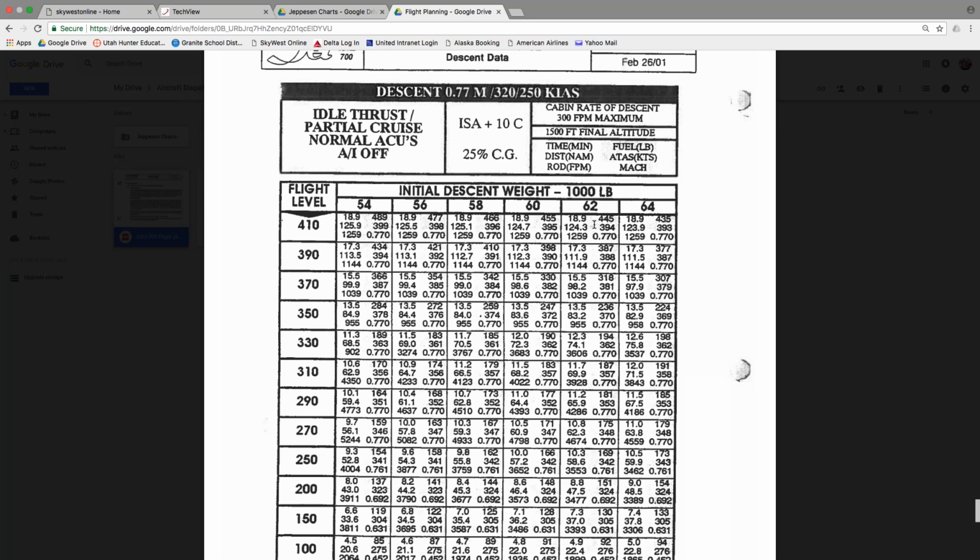Okay, because that could put me 1,000 pounds different. It's not huge, but it just gives us a good general number to figure out about where we should be at the top of descent. Okay, top of descent, where does that put us in our boxes?